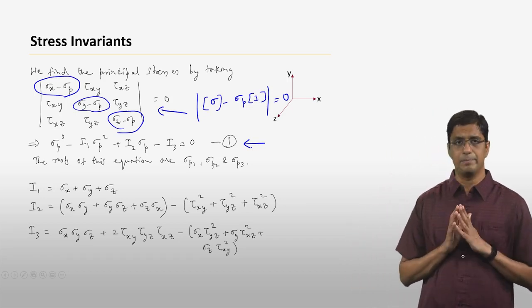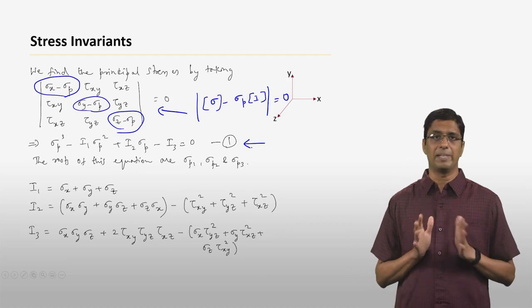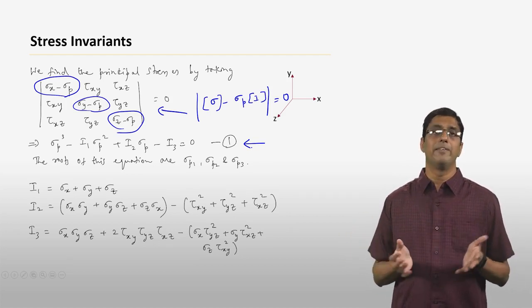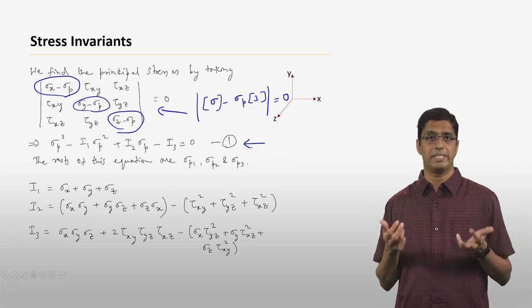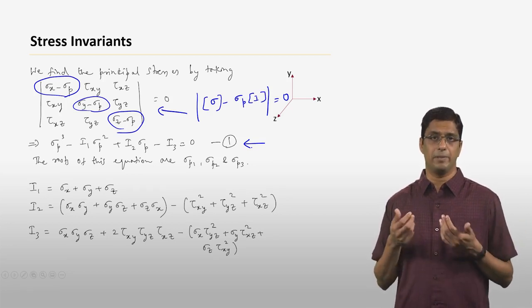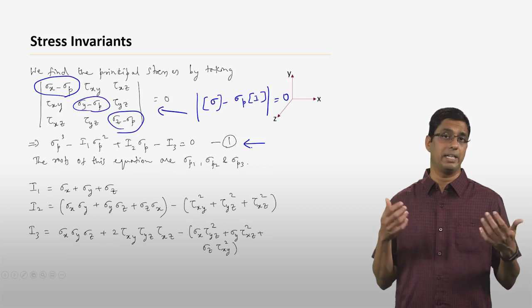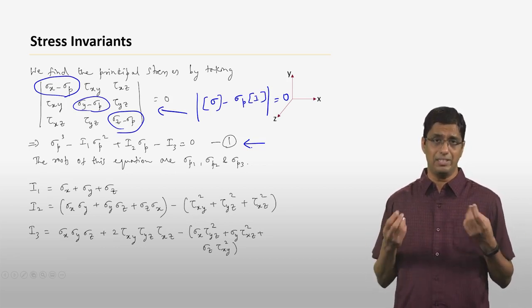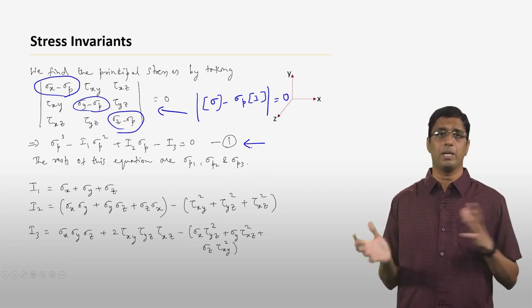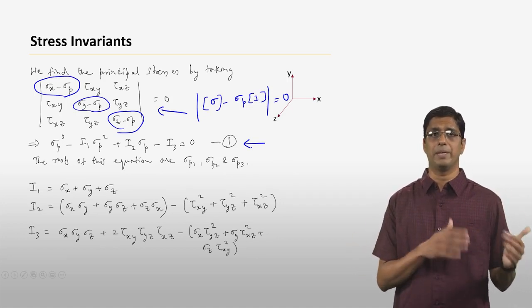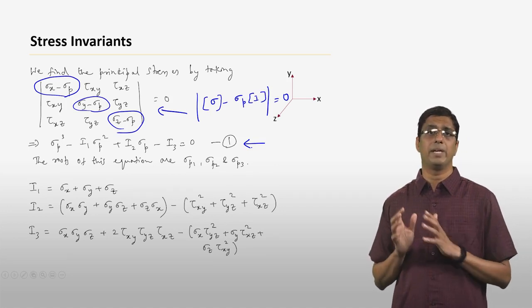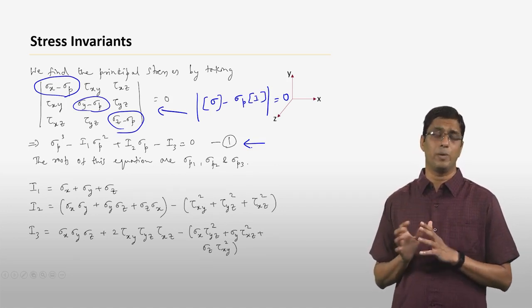Now, if you look at this matrix, what you will automatically realize is that this I1, I2, I3 will be composed of sigma x, sigma y, sigma z, and tau xy, tau xz, and tau yz. So essentially, I1, I2, and I3 have to be composed of some combination of the normal stresses sigma x, sigma y, and sigma z, and the shear stresses tau xy, tau xz, and tau yz. Okay.